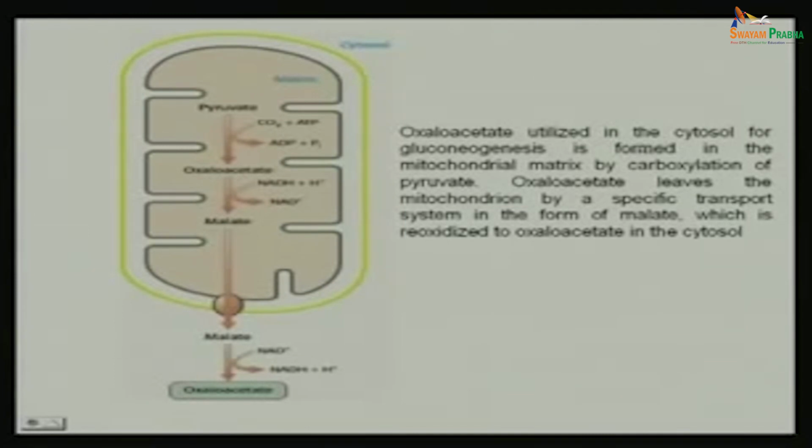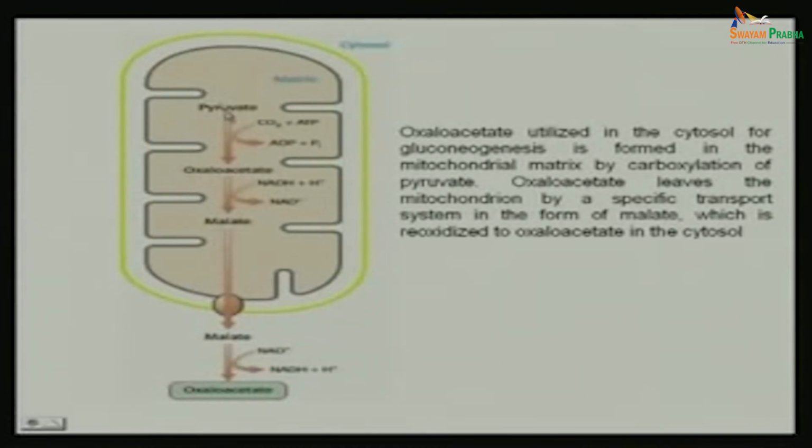Oxaloacetate is utilized in the cytosol for gluconeogenesis. It is formed in the mitochondrial matrix by carboxylation of pyruvate. Oxaloacetate leaves the mitochondria by a specific transport system in the form of malate, which is reoxidized, and oxaloacetate is formed in the cytosol.